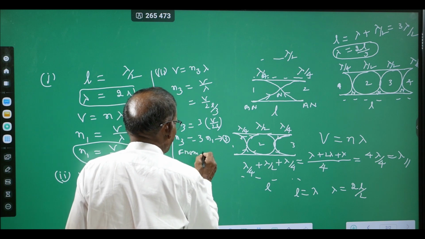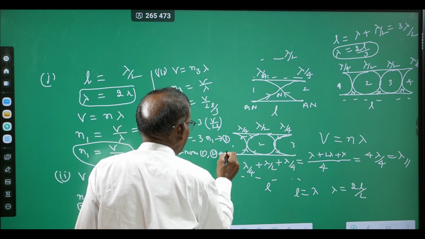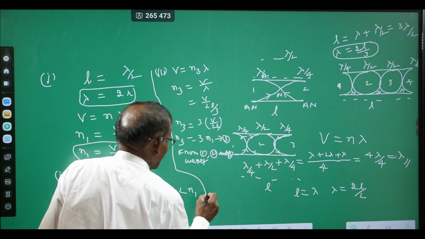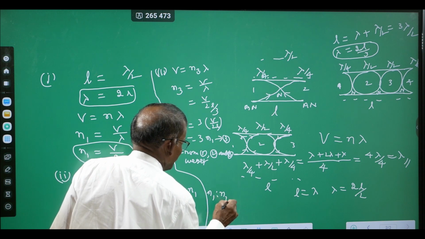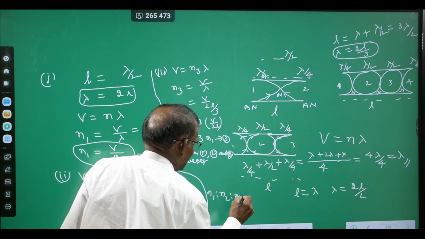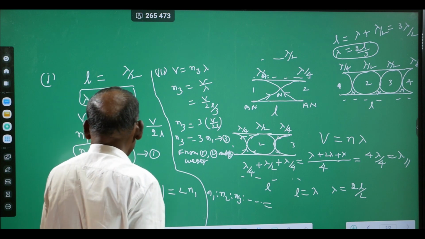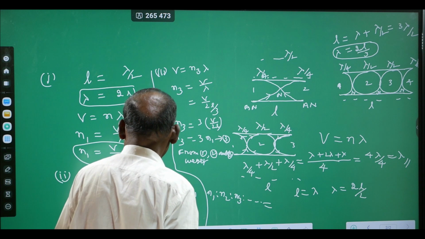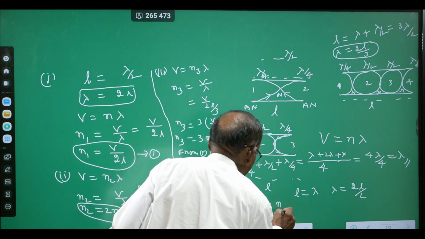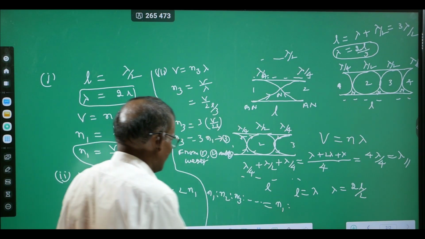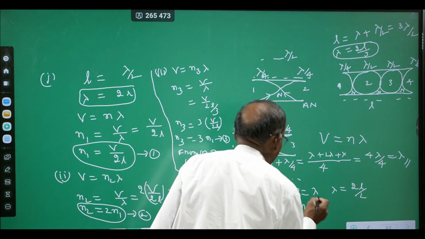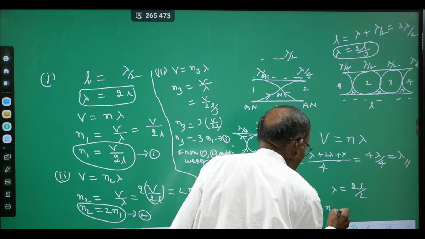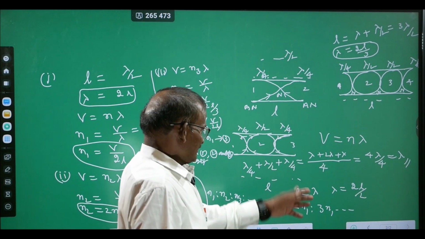From 1, 2 and 3, what do we get? We get N1 is to N2 is to N3 is to etc. is equal to N1, which is V by 2L, then N2 is 2N1, N3 is 3N1, N4 is 4N1, like that.